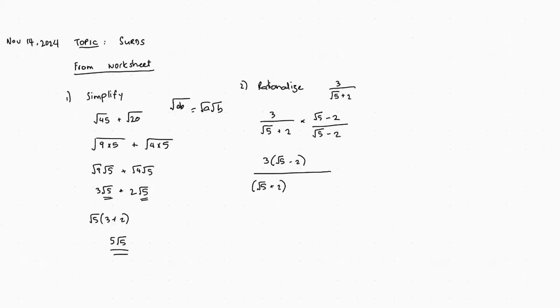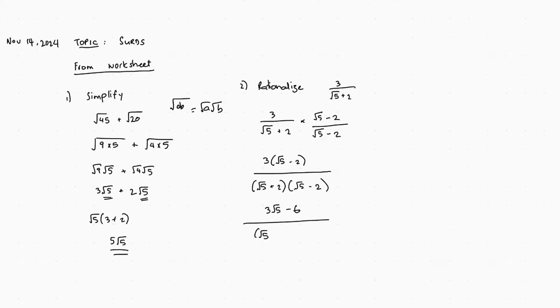Now, if you look very carefully, what we have in our denominator is a difference of two squares. So to expand that, I'll leave my numerator. I would have 3 root 5, 3 multiplied by negative 2 is minus 6. And of course, I'm going to have root 5 squared minus 2 squared.